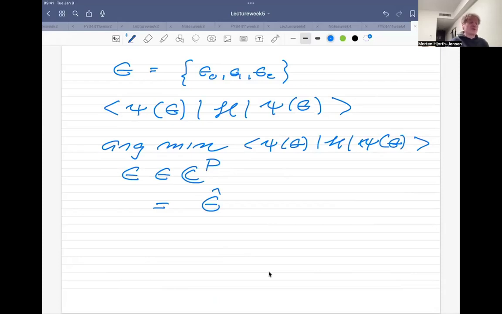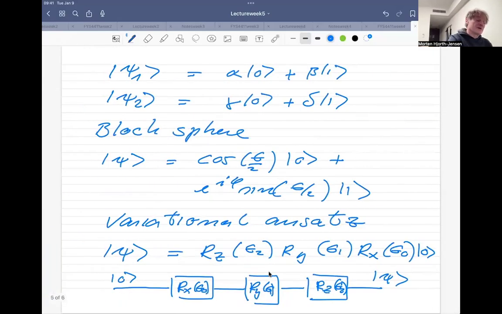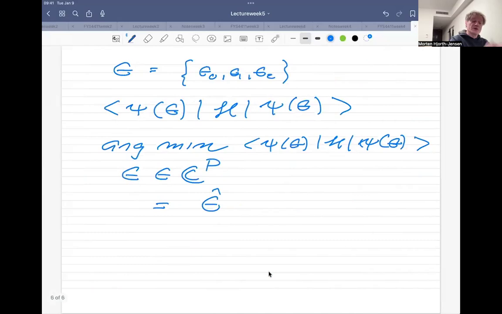This is just simply another way of rewriting the variational principle. So we have parameters theta 2, theta 1, and theta 0. We are going to optimize the energy with respect to these parameters. And this optimization process implies that we will have to calculate the gradient with respect to theta.